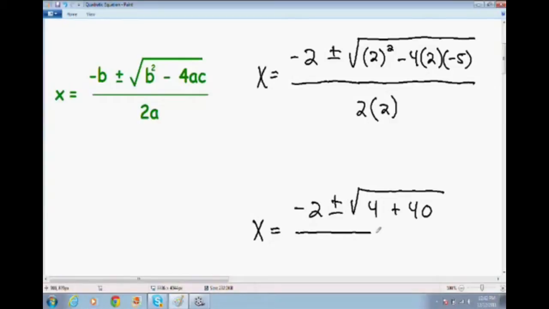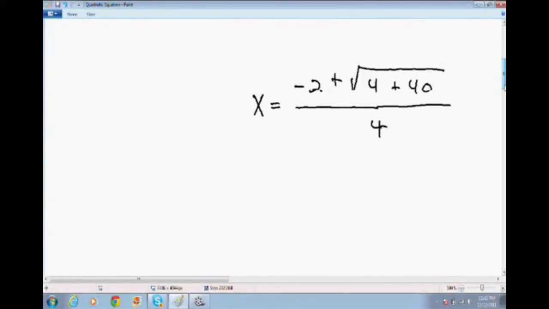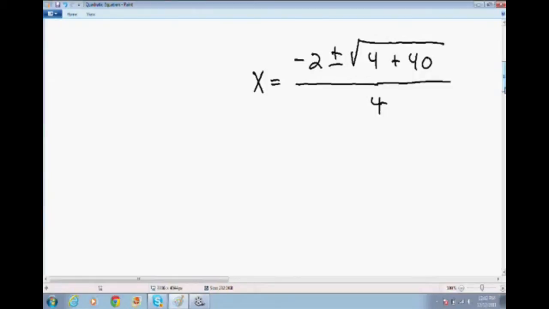And all of this is divided by 2 times 2, which is 4. Now I'm going to simplify the square root even more. This becomes x equals -2 plus or minus, and 4 plus 40 is 44, so the square root of 44.